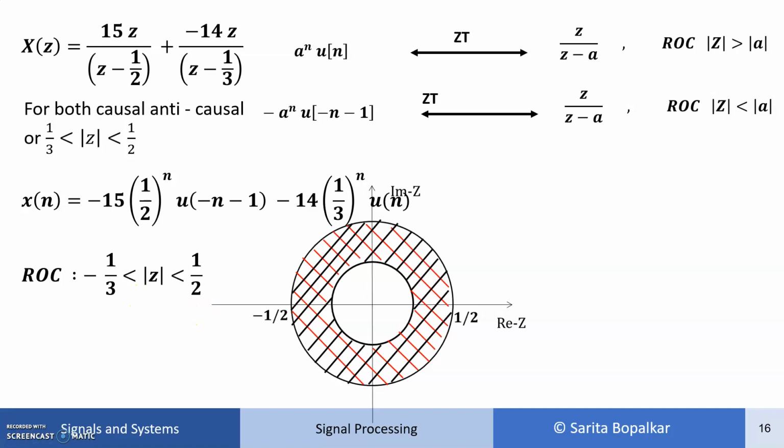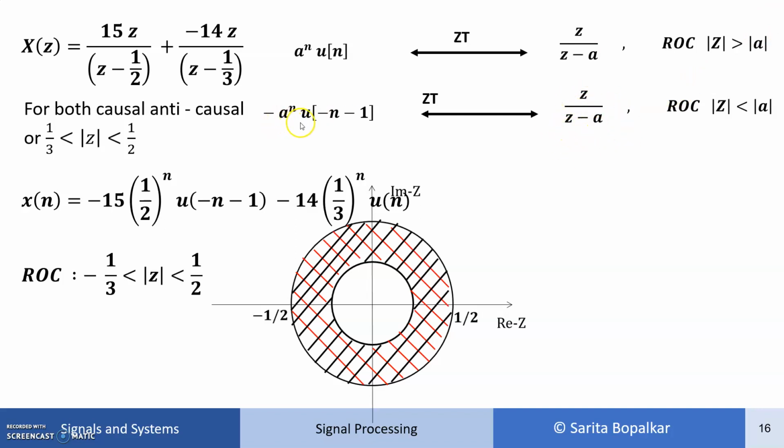So in this case, we have solved an example of inverse Z transform for all the possible ROC. In the first case, we are taking the inverse by applying the first formula, a raised to n u of n for z upon z minus a. So in that case, our sequence is causal. The values are a raised to n u of n, which means a right-sided sequence. In the second case, anti-causal, we are using the second formula for z upon z minus a.